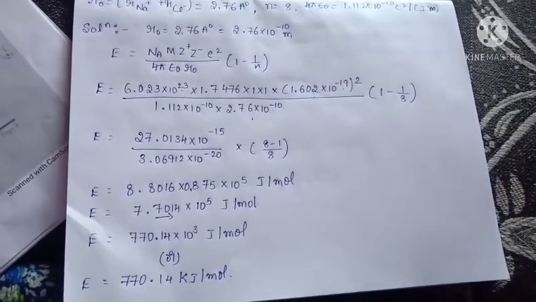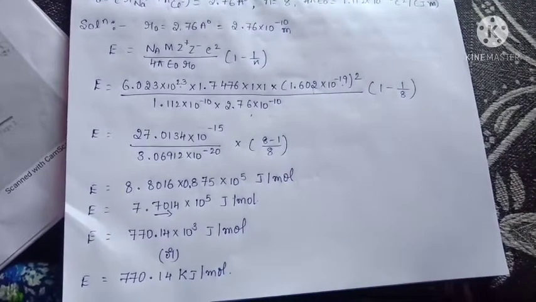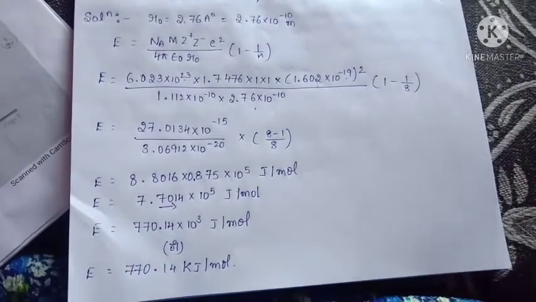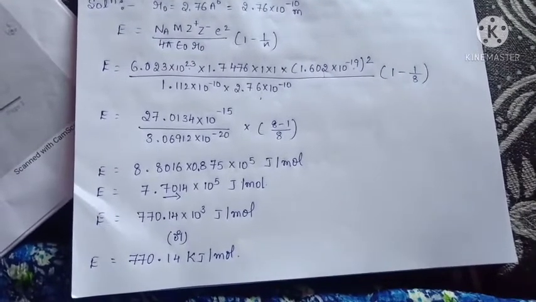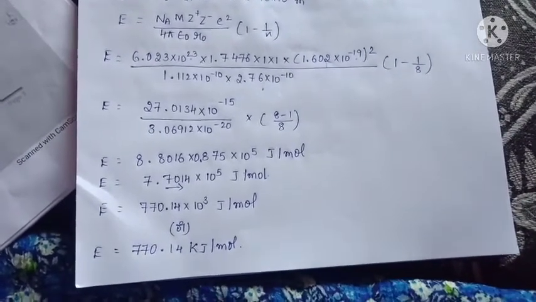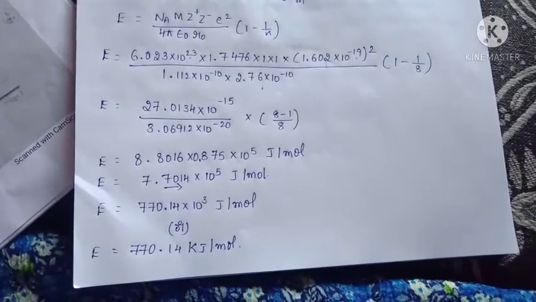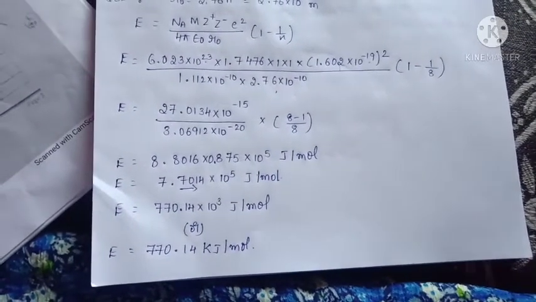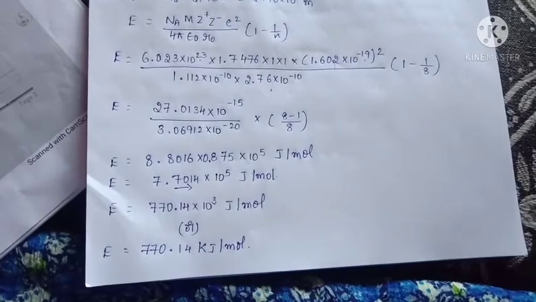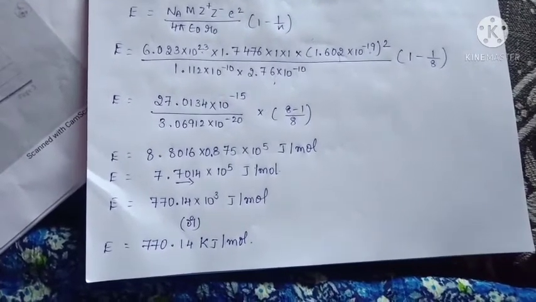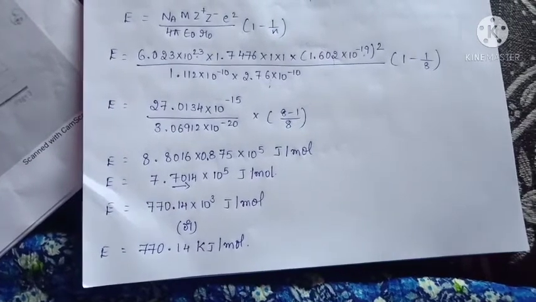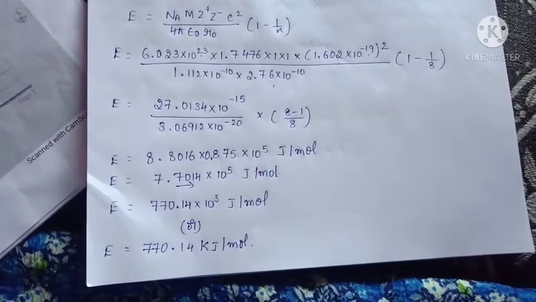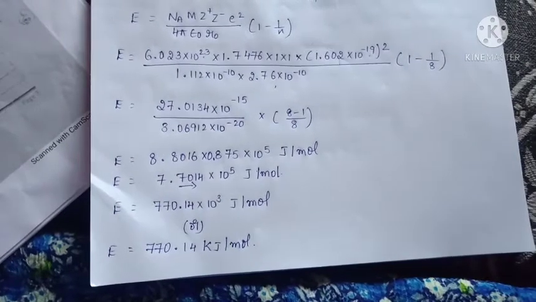When we shift the point to the right side, we have to subtract the number of places shifted. We are shifting 2 places, so we subtract 2. When we shift 1 place, we subtract 1. So in 10 to the power of 5 we subtract 2, and we get 10 to the power of 3.